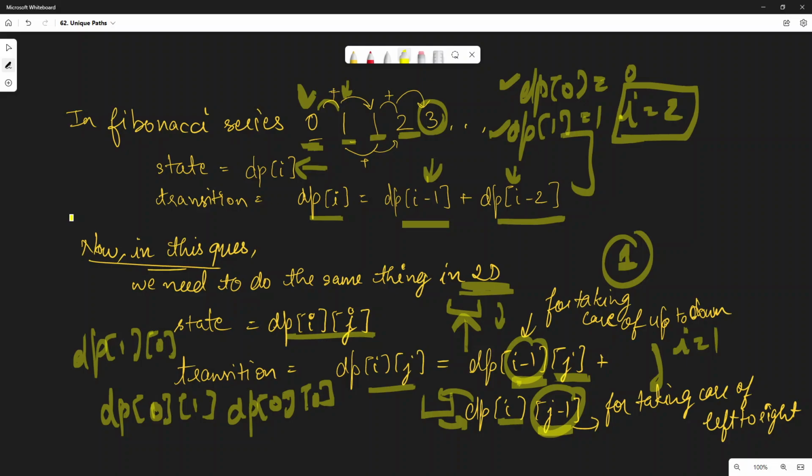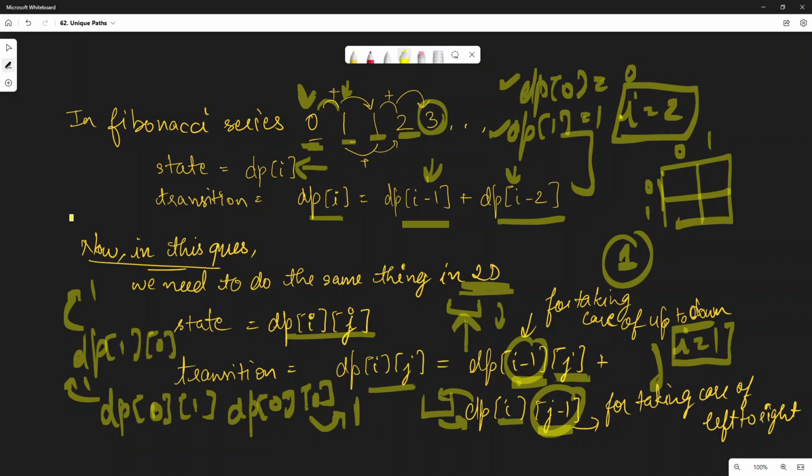So at all these positions we would be already filled with 1, because our whole dp is already filled with 1. So for considering these things, we would be starting from i equals 1, because at a particular point, the way I had shown in that particular 3D one, if I take just 4 blocks also, 0, 1, 0, 1, then 1, 1 would be already filled at all blocks.